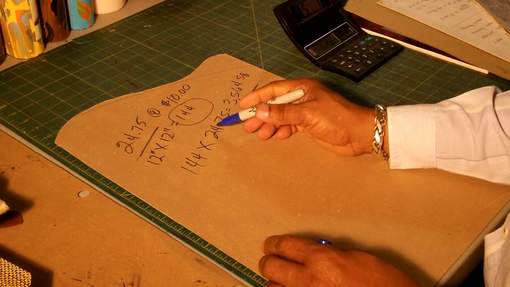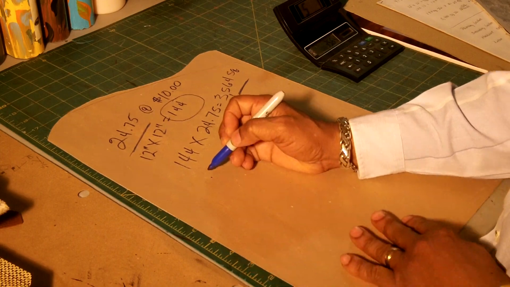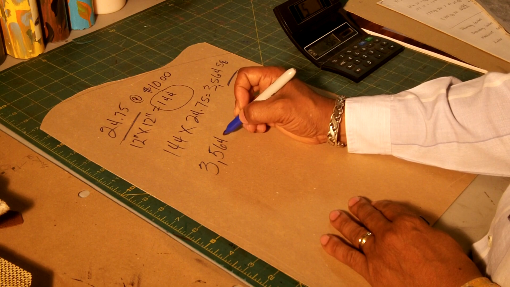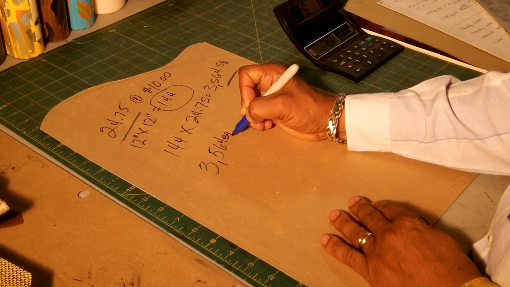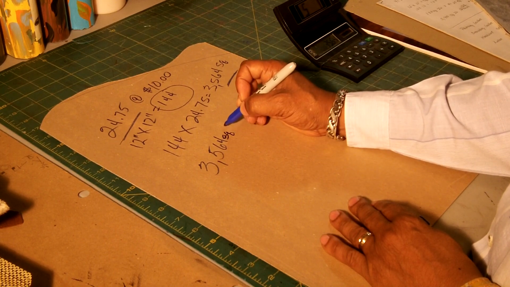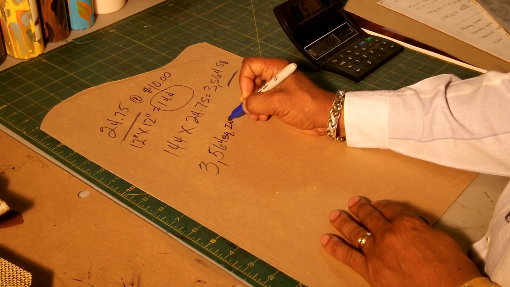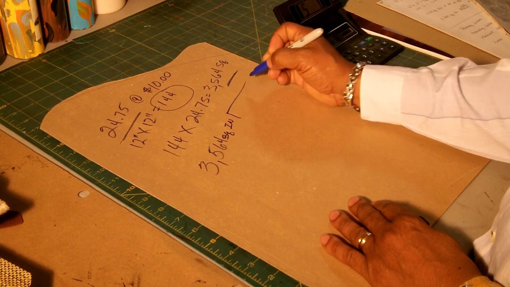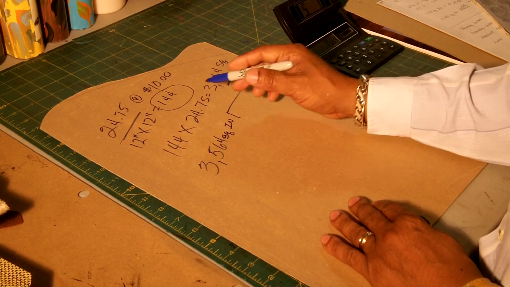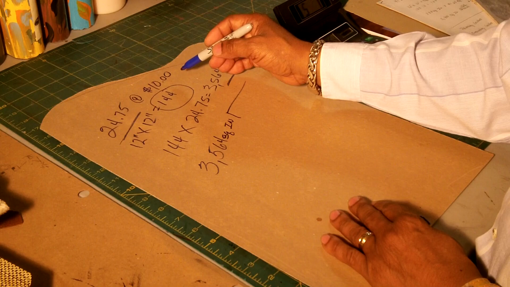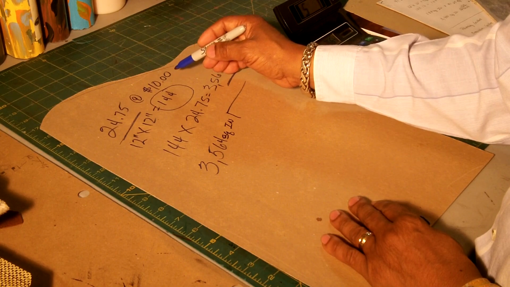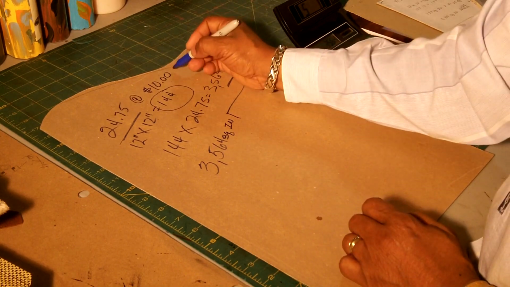Now, once we have our square inches, which is 3,564 square inches, then we're going to divide that into the cost of the leather, and that's what we did not get here.